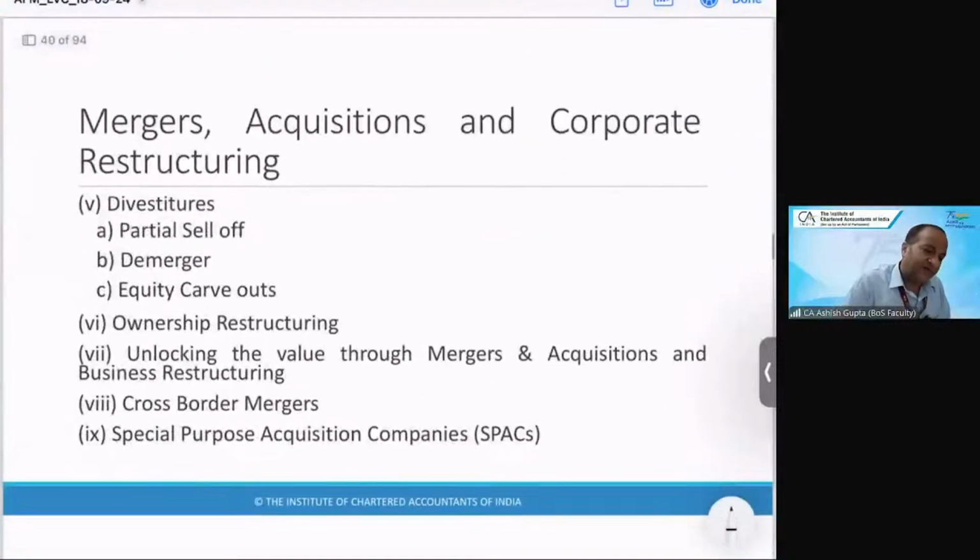Then we cover divestiture. Divestiture is the opposite of merger and acquisition. In a merger, two or three companies come together. In a divestiture, one company is divided into three parts. While mergers are synergy oriented, divestitures are about unlocking growth.